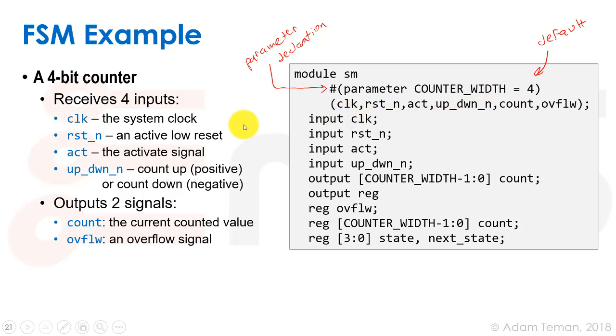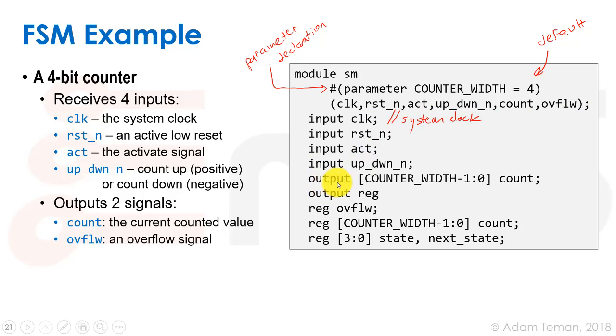Okay, then we have all of our inputs: clock, reset_n, act, up_down_n, and I put them on separate lines. I could have separated each 1-bit signal with a comma, but it's better to put them on separate lines because then we can see them. We can add some sort of a comment here like system clock or something like that, and that gives us better and more readable code.